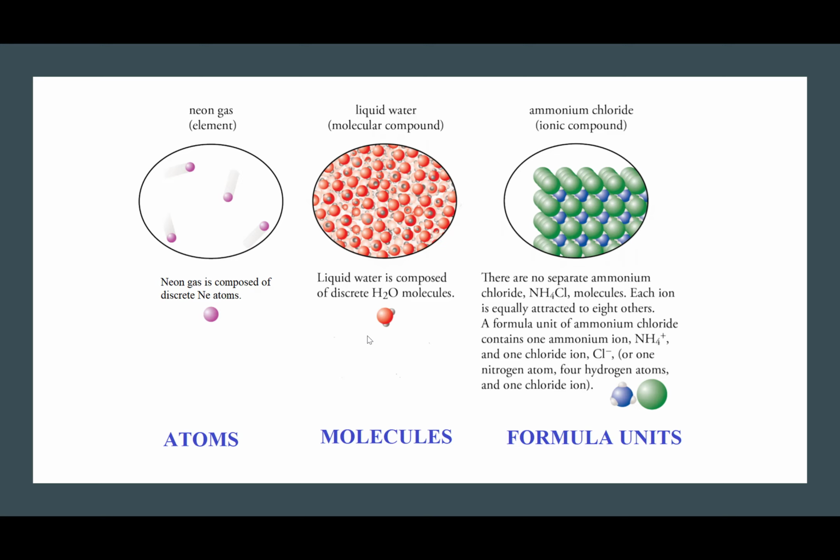So we're counting each time NaCl appears within the sample. Or in the example here, one formula unit of NH4Cl consists of one NH4 plus ion and one Cl minus ion. So I'm counting those discrete formula units.